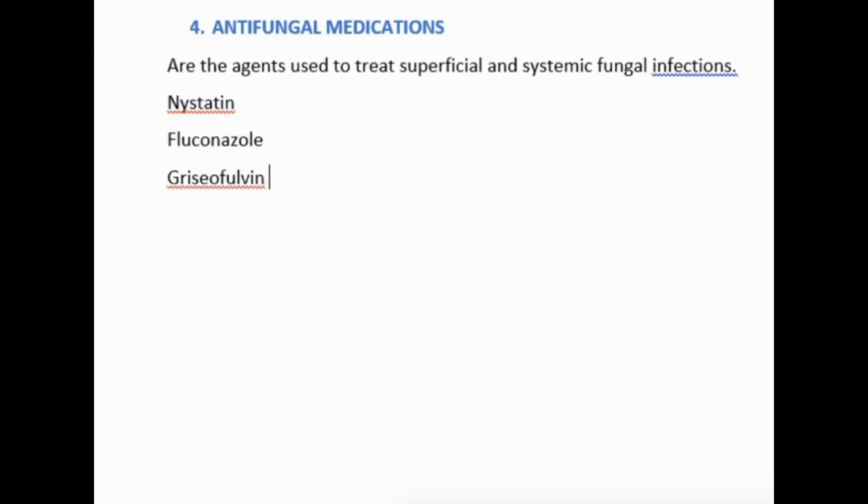Griseofulvin is an antifungal medication which is used to treat fungal skin infection like eczema and scalp ringworm, tinea capitis, tinea pedis, or any other fungal skin infection. Okay, we also have ketoconazole.